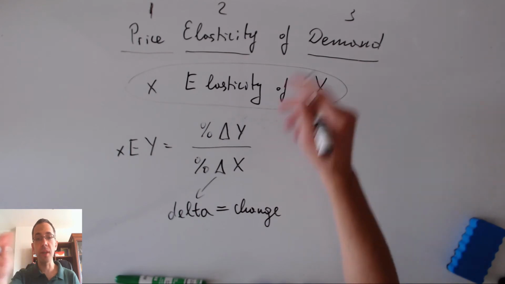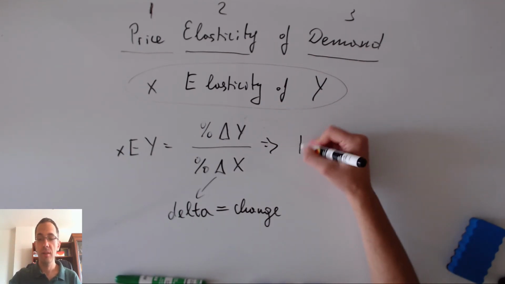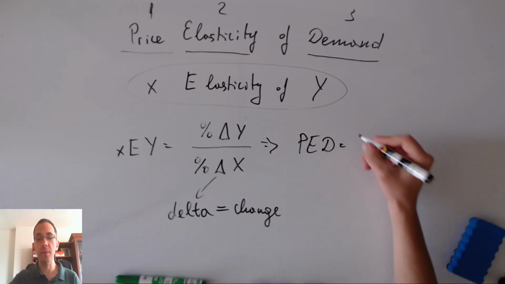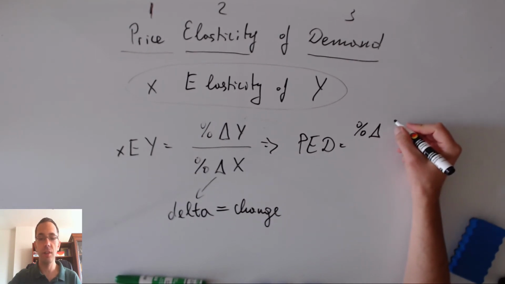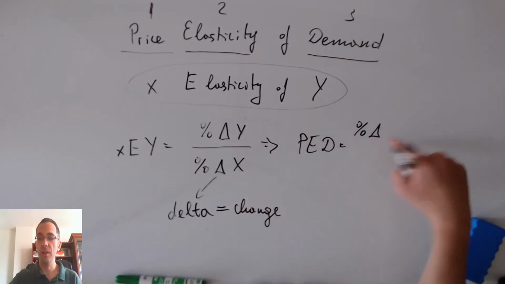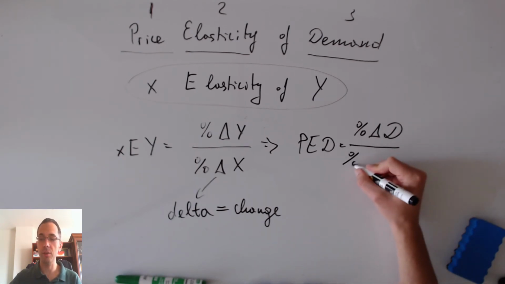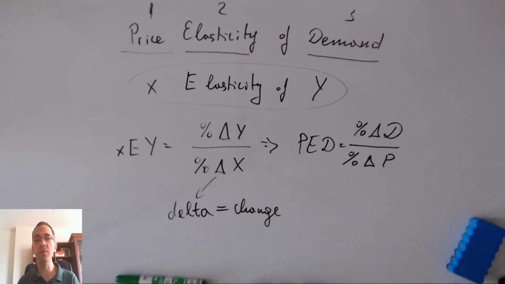So if we are having the price elasticity of demand, we can write the formula like this. So it will be the percentage change in demand divided by the percentage change in the price. There you go. This is our formula.